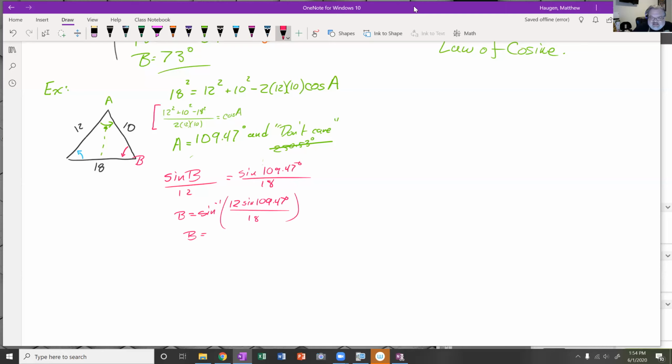Now, we still technically get two of them, but we automatically disregard the obtuse one because we know B to be acute. And what do we get for B? 38.94 degrees. I know you meant degrees.